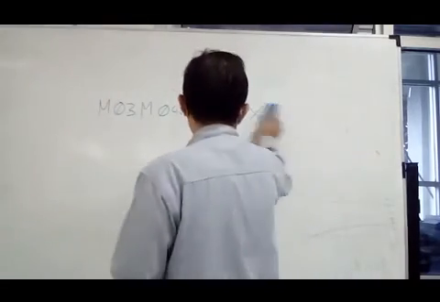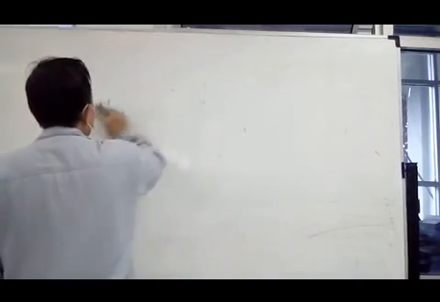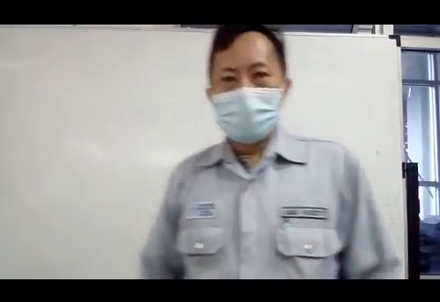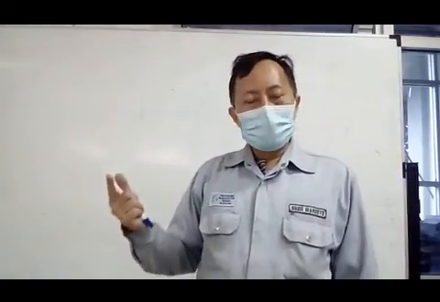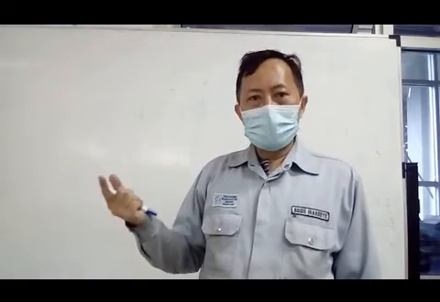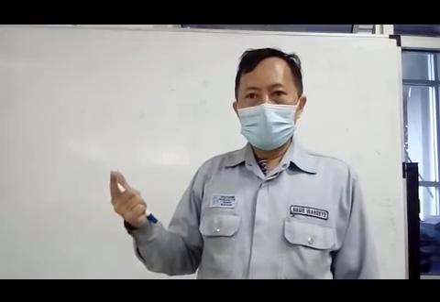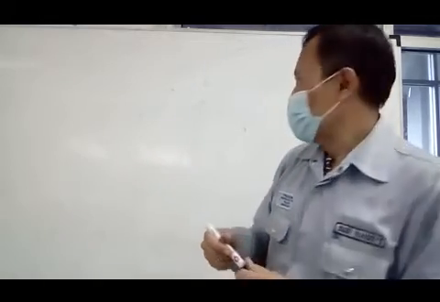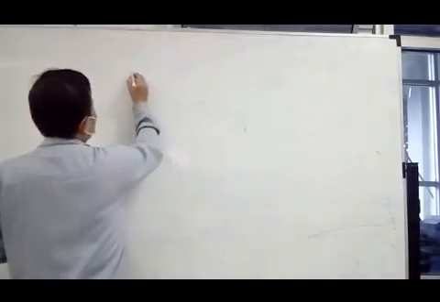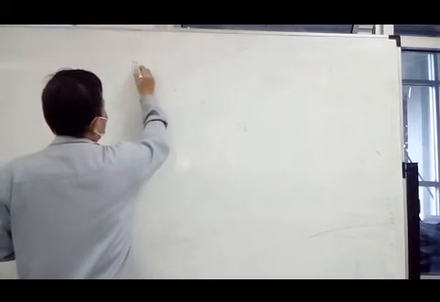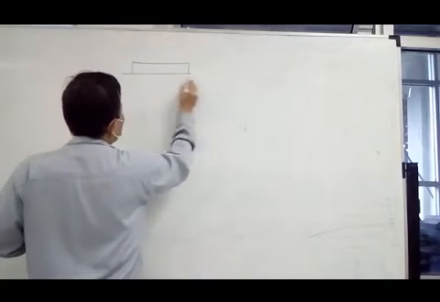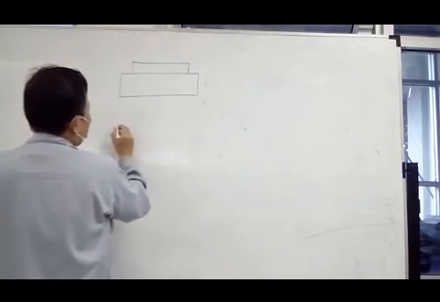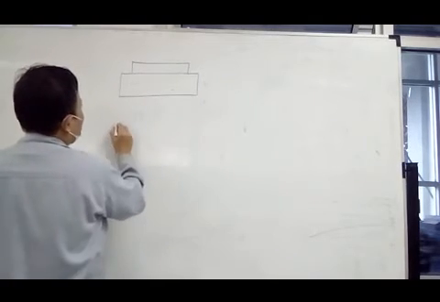Let's continue. Now I want to explain how to make the code for cutting any shape. For example, if I want to cut this piece, the contour is like this.